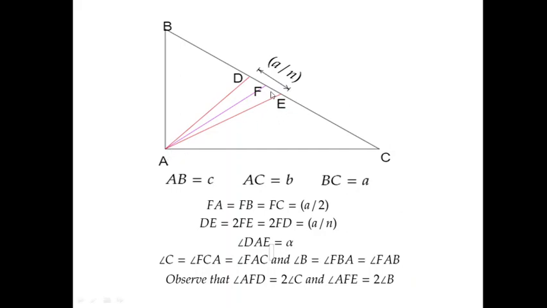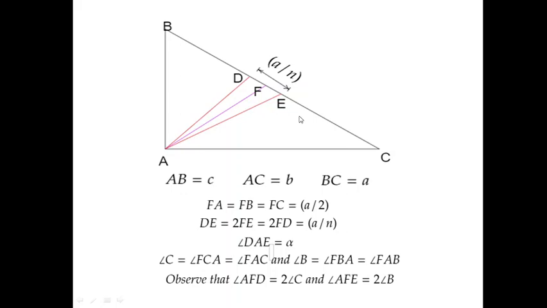AF and FC are equal, so angle FCA equals FAC equals C, and by the exterior angle theorem, angle AFB will be 2C and AFC will be 2B.